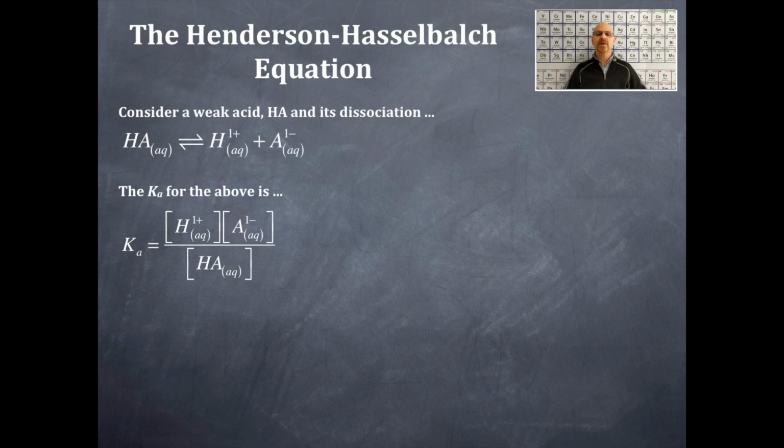It's a Ka because it's an acid. That's the equilibrium constant expression, or the acid dissociation constant. We're going to solve for the reciprocal of the hydrogen ion concentration. So pause the video right here, solve for the reciprocal of the hydrogen ion concentration yourself, and then restart the video.